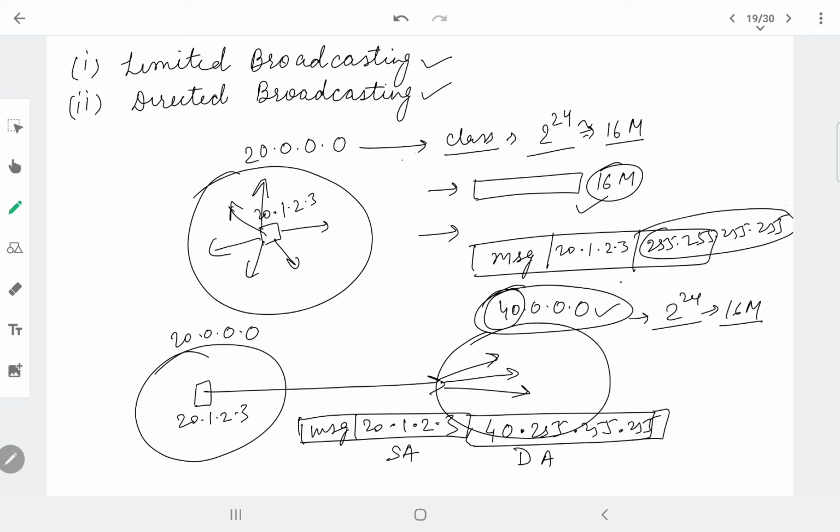This is why, in the last lecture, we saw that even though class A has 2 to the power 24 IP addresses available, if we ask how many hosts it can configure, the answer is 2 to the power 24 minus 2. Why?